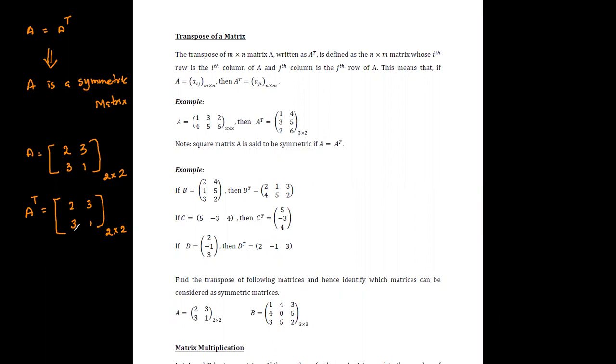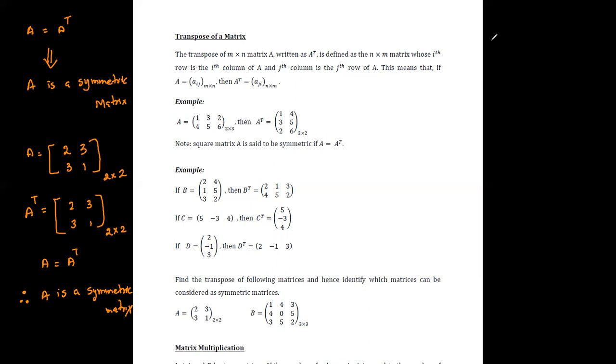We can see that each and every corresponding element is equal. Therefore, we can say that A and the transpose of A are equal matrices. Therefore, matrix A is a symmetric matrix. This is how we can define the symmetricity of a matrix.